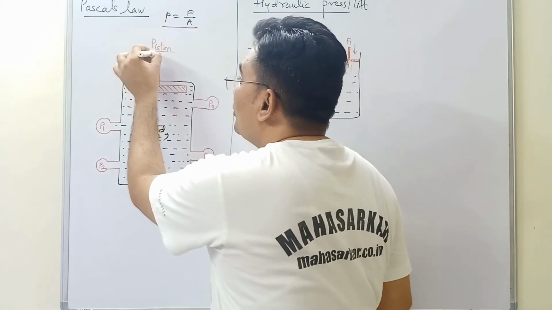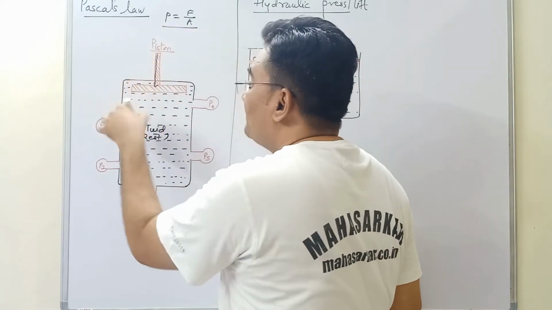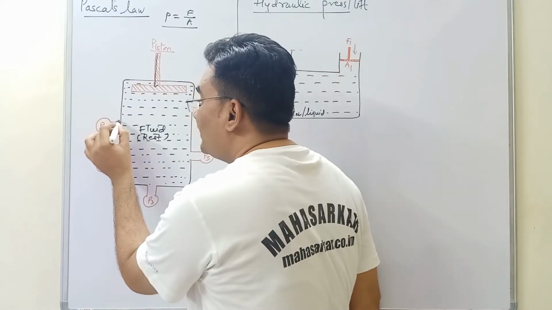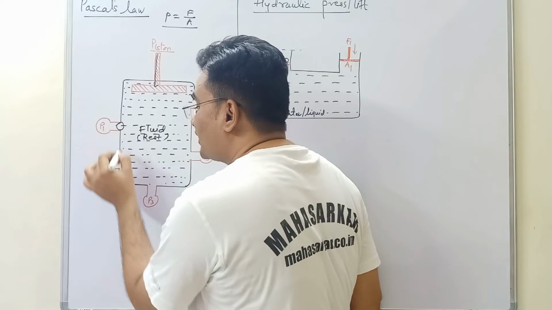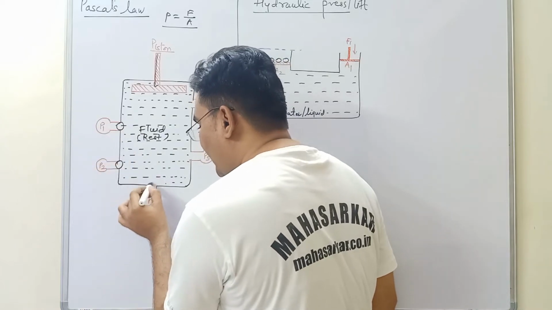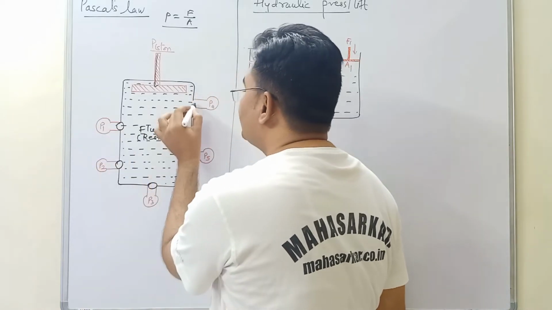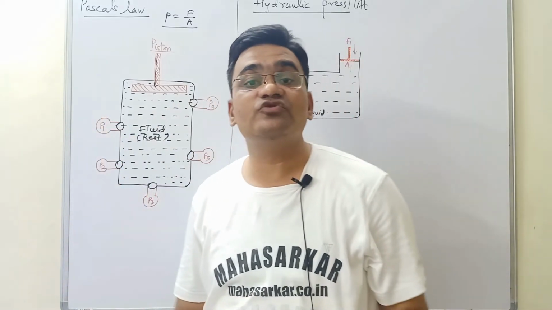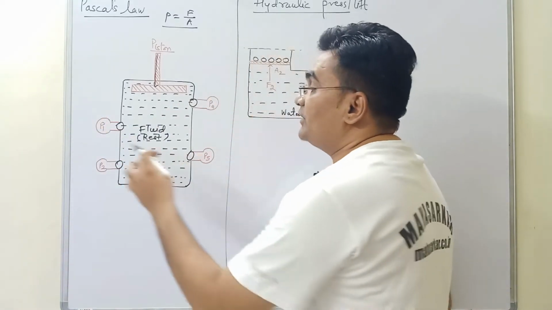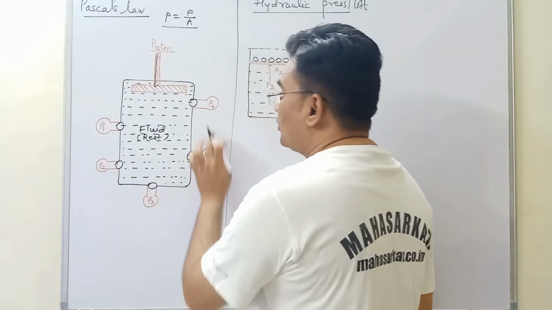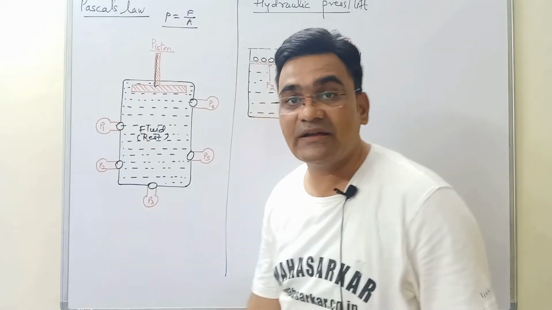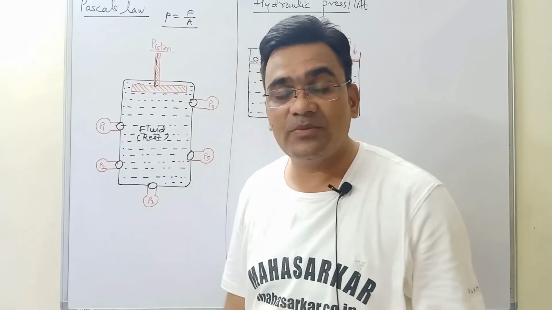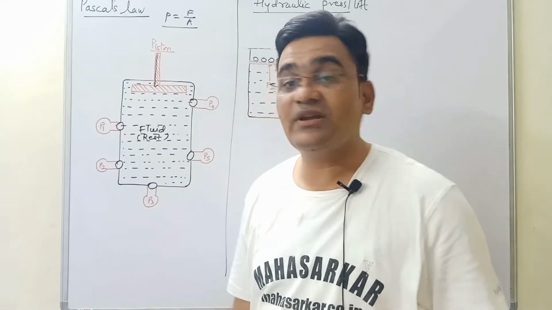Before that, suppose I have made some holes in the container, and to these holes I have connected barometers, the instruments used to measure pressure. So 1, 2, 3, 4, 5 different barometers are connected there. The holes may or may not be of the same areas.